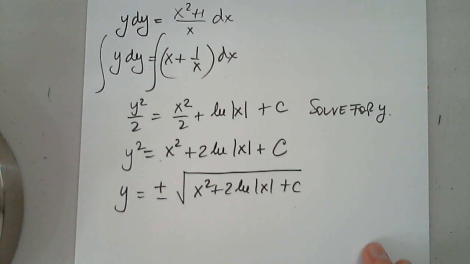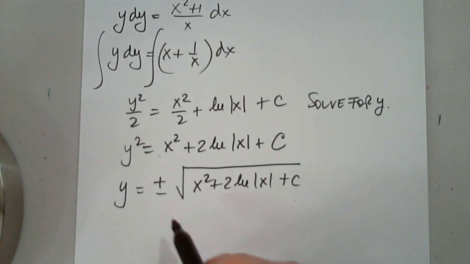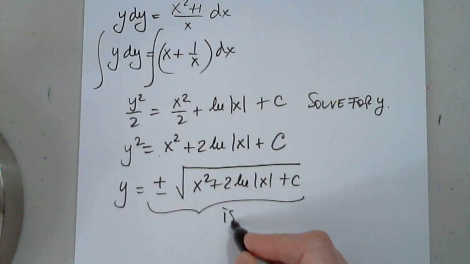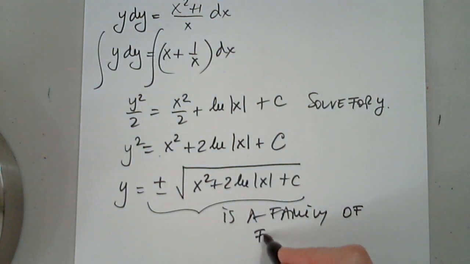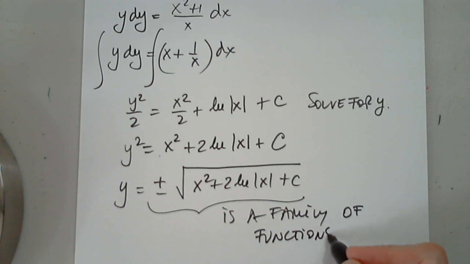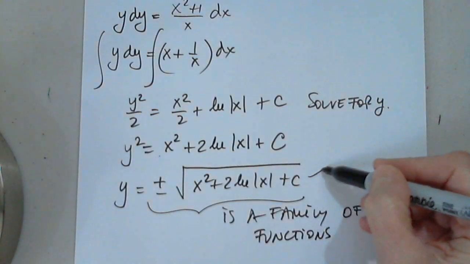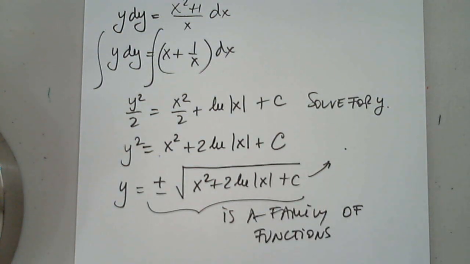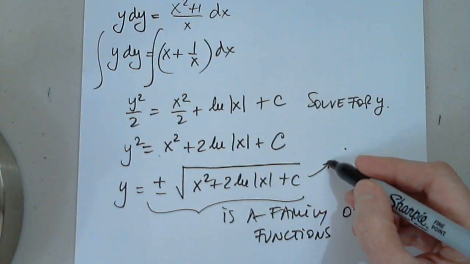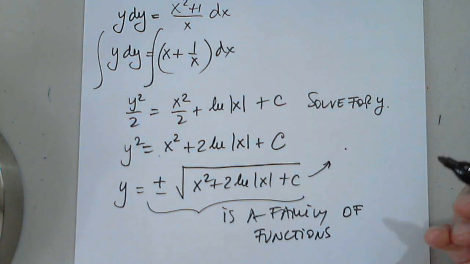plus a constant c. Notice one thing here, that this is a family of functions, not a unique function, because c can be any real number. Of course, the quantity under the square root is still greater than or equal to 0.